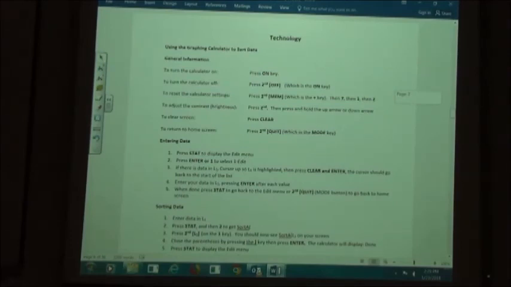These yellow calculators we have to charge on the charger, but if you do need to take a graphing calculator home, I've got some of the battery ones for you to use too. These ones have color and all that fun stuff.